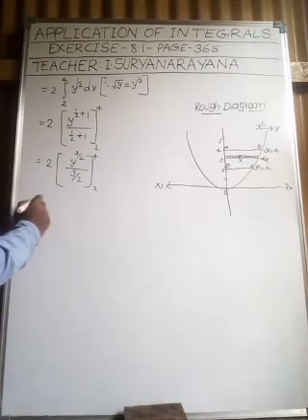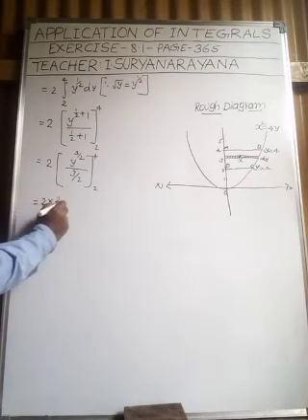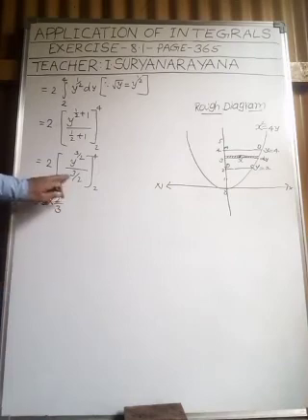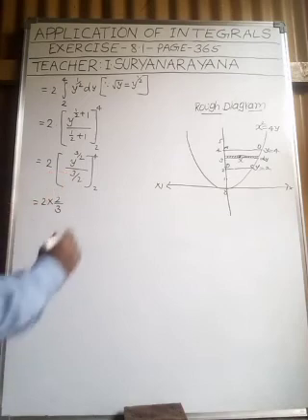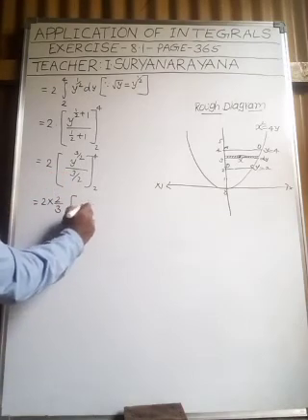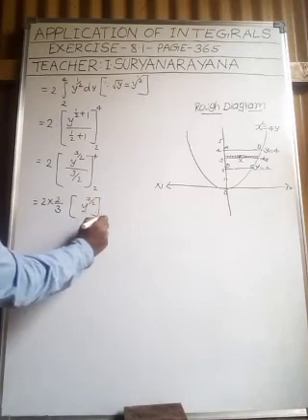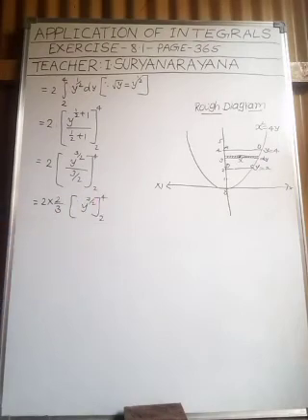That is equal to 2 into 2 by 3, taking this fraction to the numerator, into y power 3 by 2, limits 2 to 4.